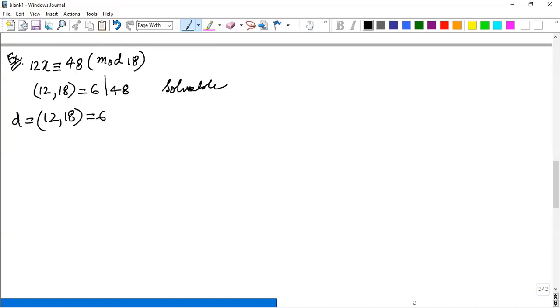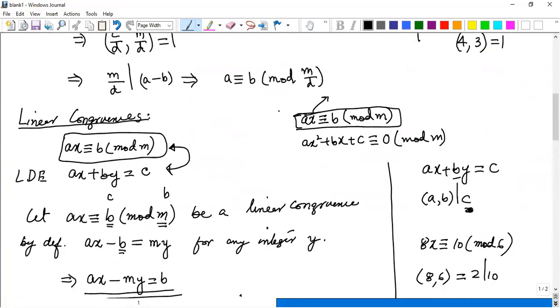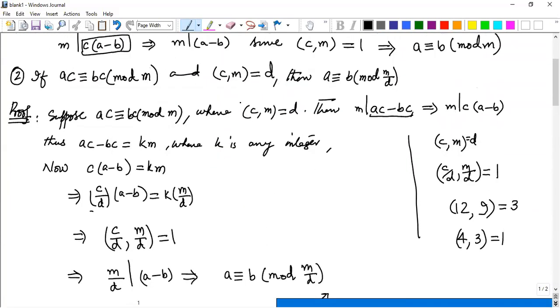So if we apply the theorem that we studied before, the second theorem: if we have a product of two integers on one side and a product of two integers on the other side, and that product has a common factor, then we can divide by that integer. But in that case, we have to divide m by the GCD.